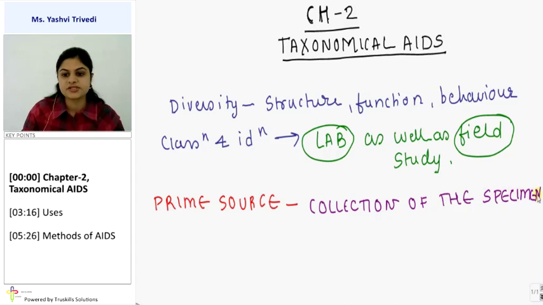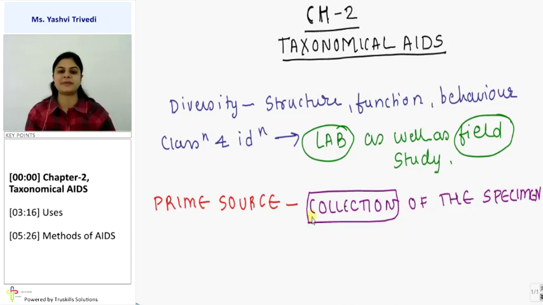You need to collect the actual specimen of the plant and animal from the field first, and then only you can study the characteristics, and accordingly you can classify them. So this is most important. It is the prime source.